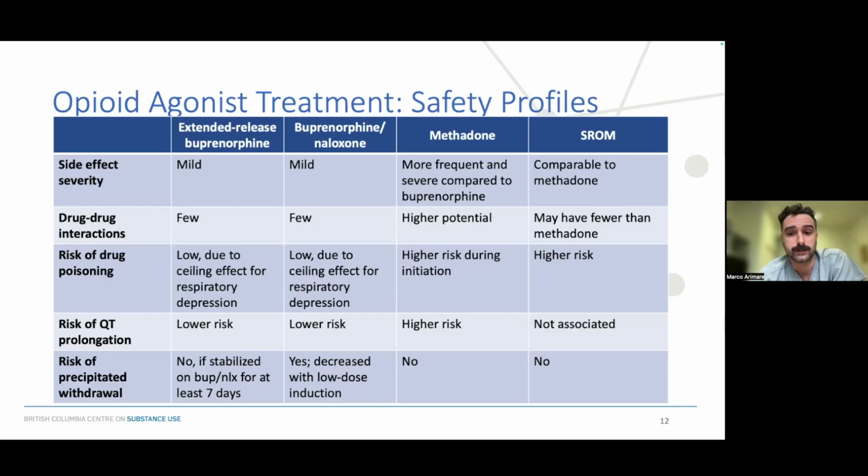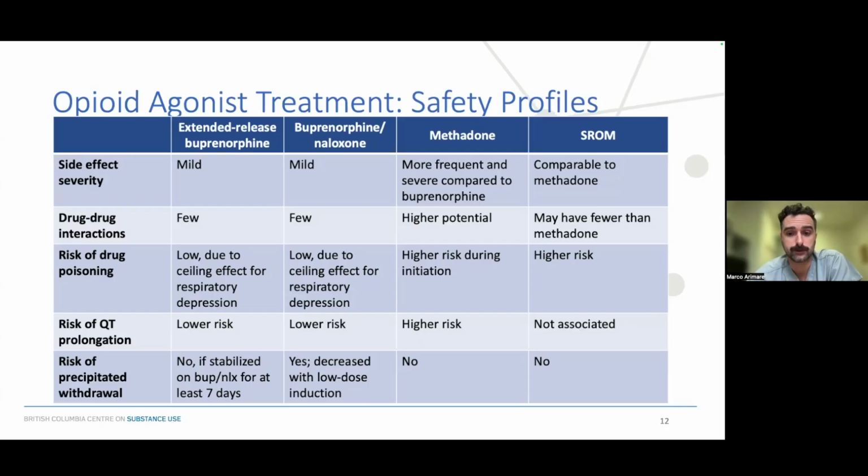Buprenorphine naloxone has a risk of precipitated withdrawal, particularly during traditional inductions, and this risk is decreased with low-dose inductions or microinductions. I don't think I've actually defined this yet, but precipitated withdrawal is sudden worsening of withdrawal symptoms when a partial agonist, such as buprenorphine, is given to a person who has a full opioid agonist, such as fentanyl, on their opioid receptors.